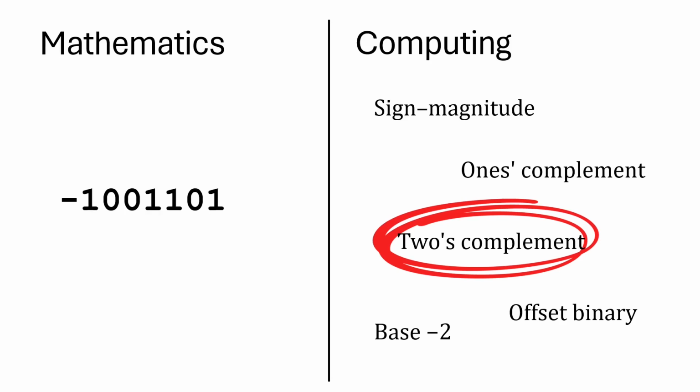To repeat, in mathematics, you can just put a minus sign in front of a number to make it negative. In 2's complement, as in other methods, to represent negatives in binary numbers, the highest bit is used to indicate that a number is negative. If the highest bit is set to 0, the number is positive. If it is set to 1, it is negative.